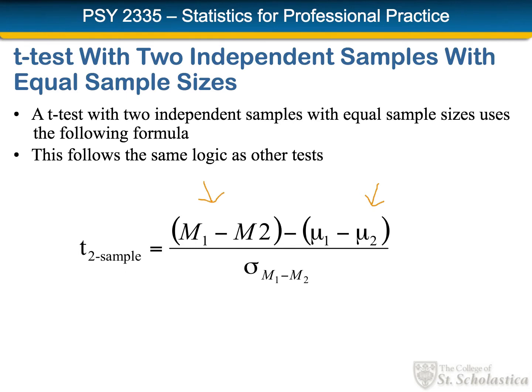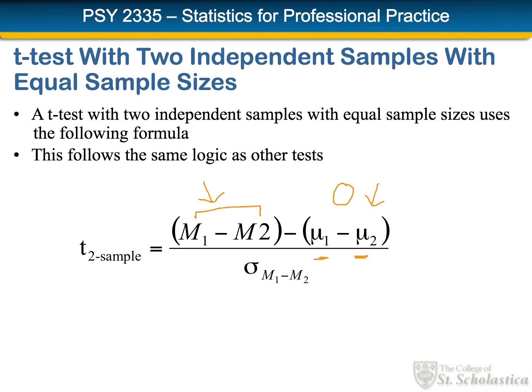So if you remember, our null hypothesis showed the two means for the population. This is what we're hypothesizing about. The null hypothesis showed them completely overlapping, so the difference that we hypothesize between them is 0. So we're looking to see if the difference between the two sample means is different from 0. We do it by subtracting that 0.